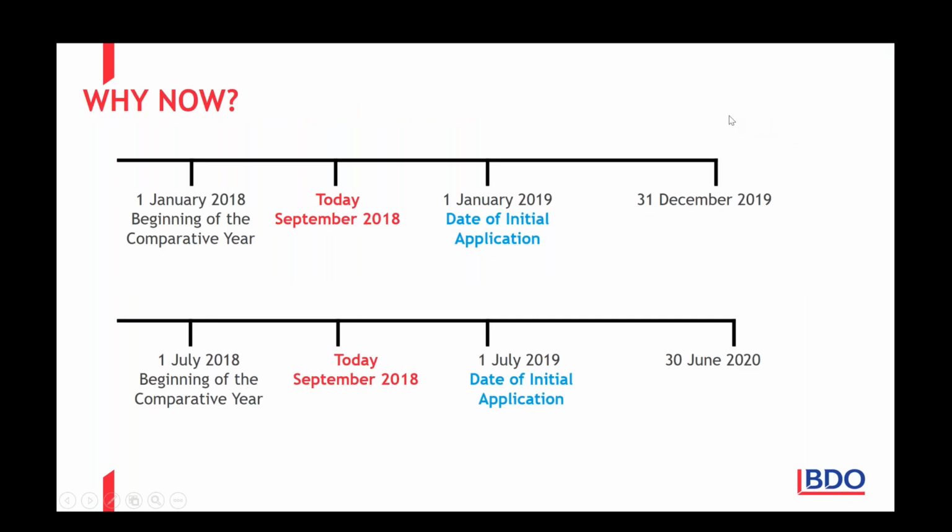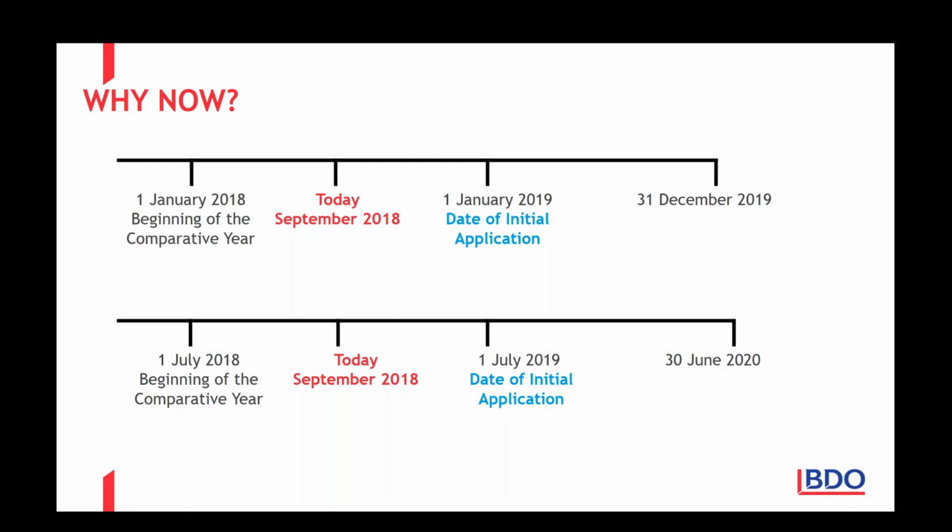You could say, why are we looking at it now? Whether your date of initial application, so that's the beginning of the first financial year where it's mandatory to apply IFRS 16, is the 1st of January 2019 or the 1st of July 2019, you are already today in September within the comparative year.